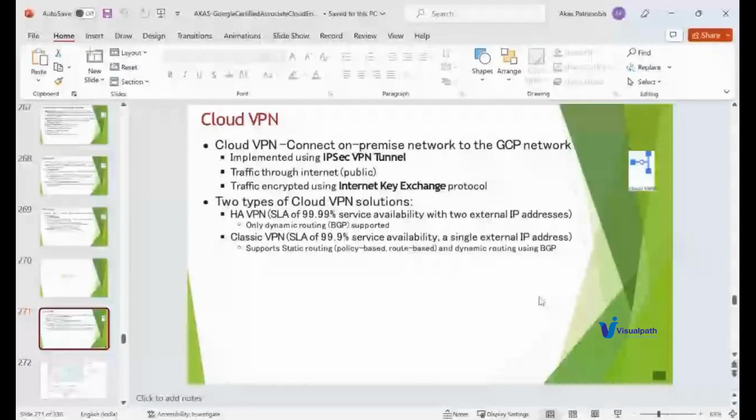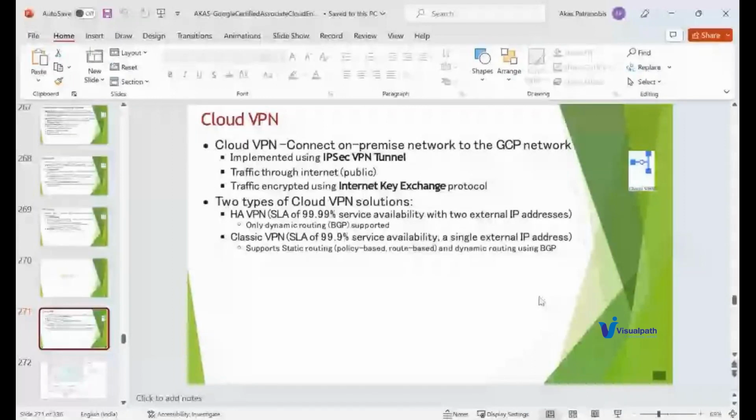So what is a cloud VPN? Cloud VPN is when we try to connect our on-premise network to the GCP network using an IPsec VPN tunnel. Using this IPsec VPN tunnel, we can set up our network between our on-premise and GCP.